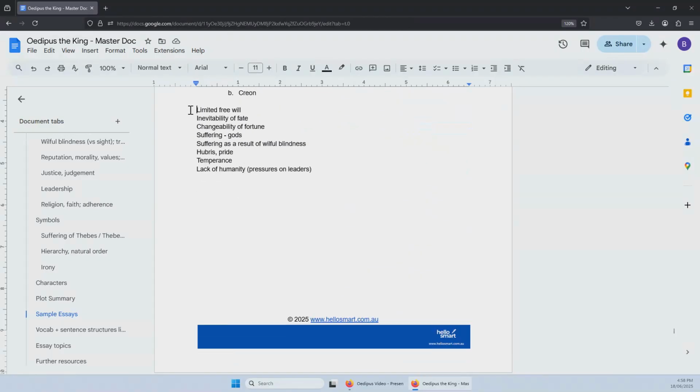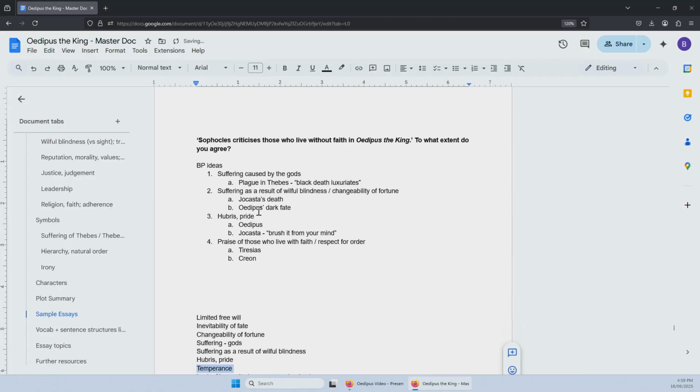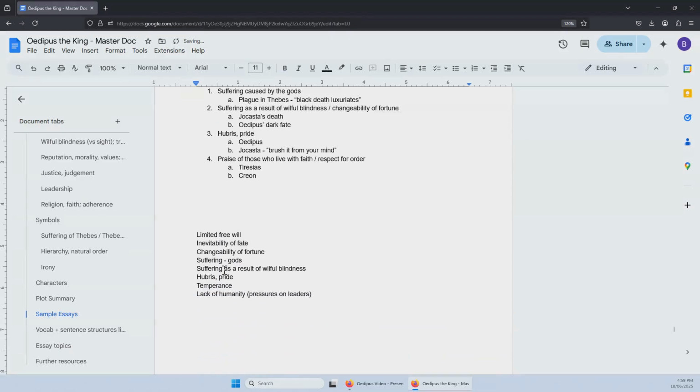And I will say that if you go through all of these arguments and you come up with three quotes or examples for each, and you practice analyzing those quotes to back up each of these ideas, and then you practice adapting how you explain those quotes to make them make sense in the different topics, so for all the different prompts you could have, and you go through 40 or 50 topics and you make sure you're really confident adapting these different ideas to those topics, you should be set for Oedipus the King.